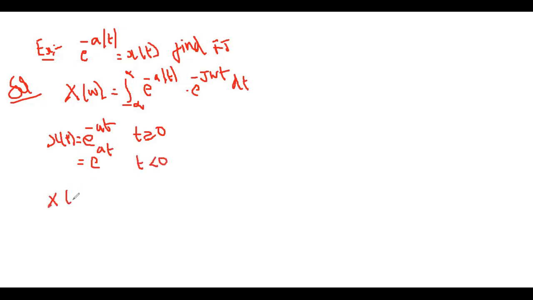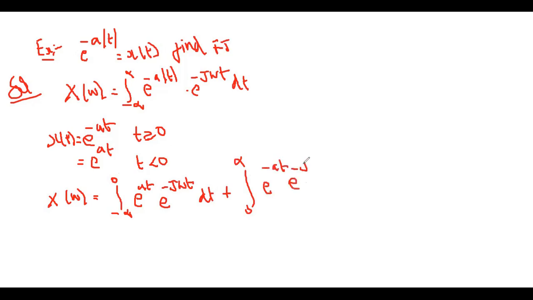So X(ω) is equal to the integral from minus infinity to 0 of e^(at) e^(−jωt) dt, plus the integral from 0 to infinity of e^(−at) e^(−jωt) dt. Then, what is the integral here?